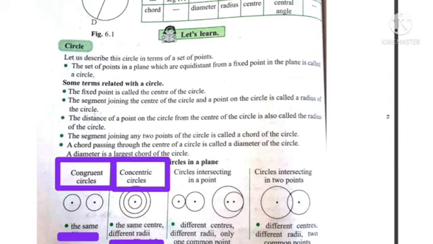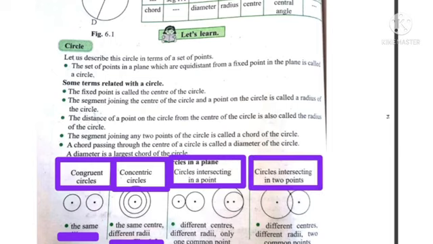Then third one, circles intersecting in a point. See here, in the first figure the circles touch externally, and in the second figure the circles touch internally. And last one, circles intersecting in 2 points. Here the circle touches in 2 points.